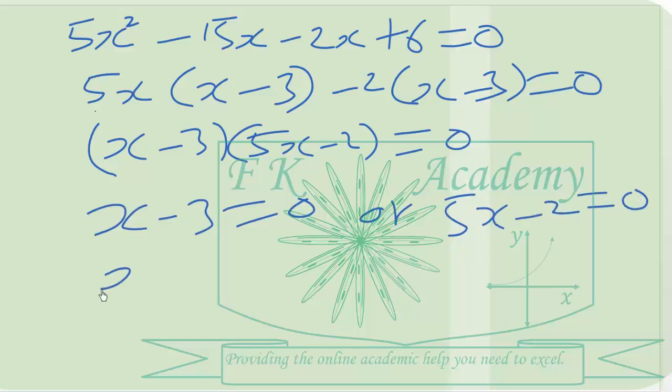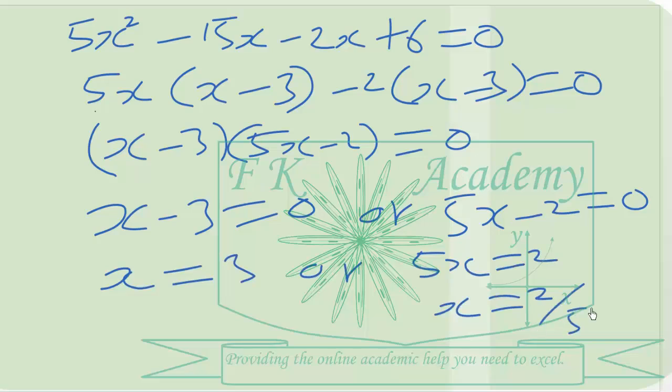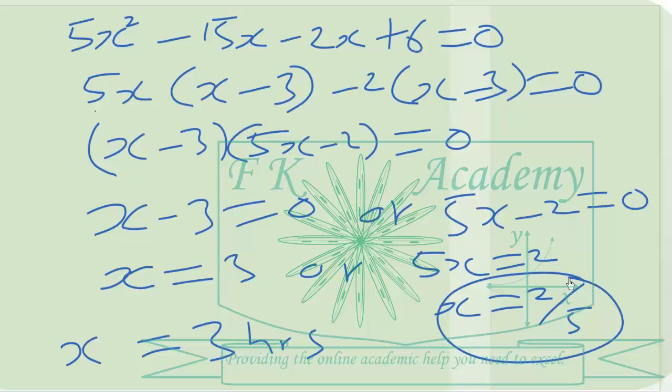So x equals 3 or x equals 2 over 5. But the valid solution here is x equals 3, because when we subtract 1 from 3, we still get 2. But when we subtract 1 from 2 over 5, we get a negative value. Therefore, it takes the apprentice 3 hours to complete the painting.